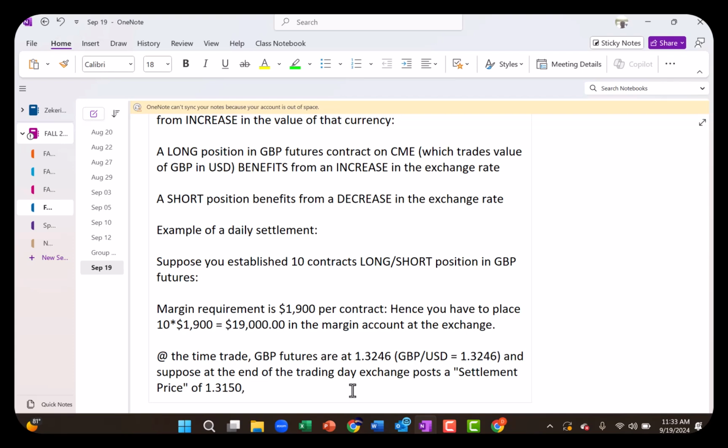Now that settlement price is almost like the closing price, but they do some sort of averaging at the last minute or so because they want to prevent manipulation of the closing print.